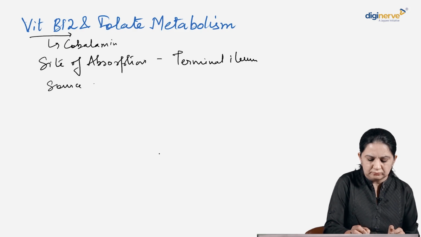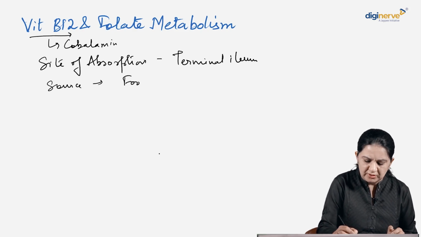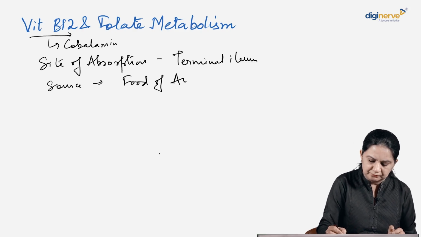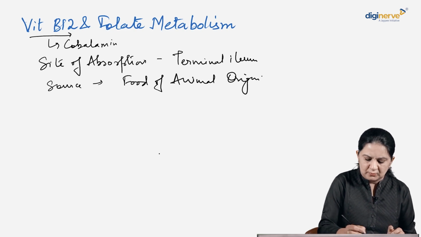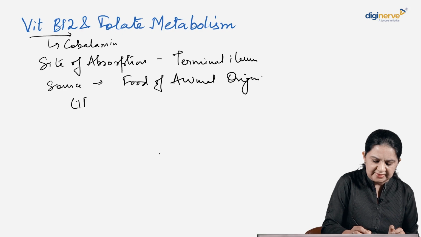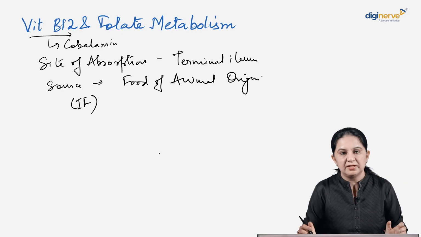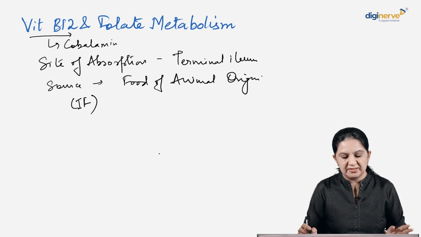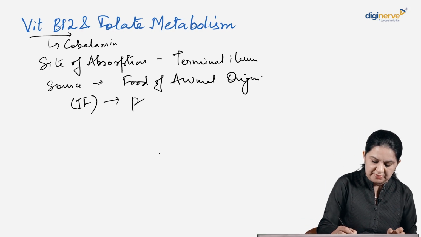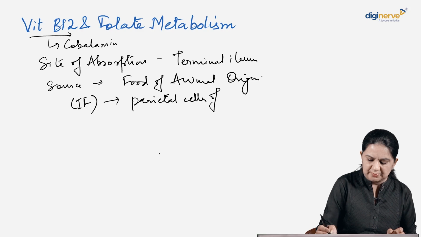Source: food of animal origin. Intrinsic factor is helpful in the absorption of vitamin B12. Intrinsic factor is secreted from the parietal cells of the stomach.